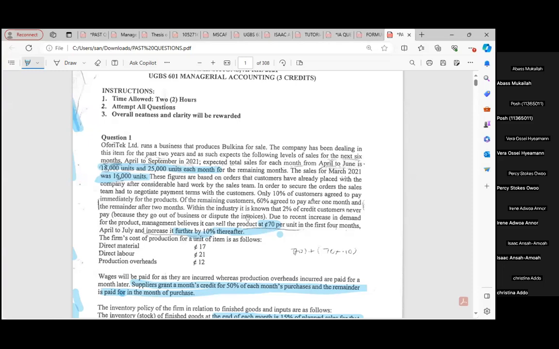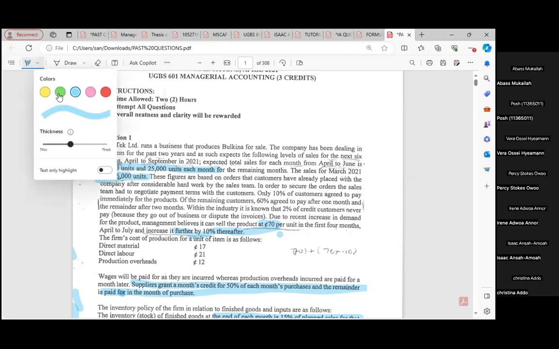Why are we not taking 60% from the original sales value? Is it because of the English? I think we should highlight and underline "of the remaining customers." So the 10 is out.